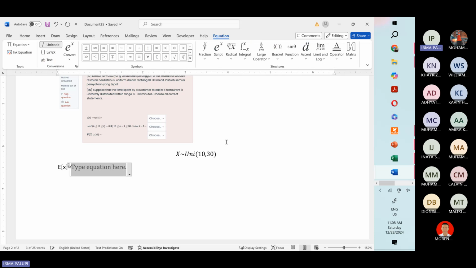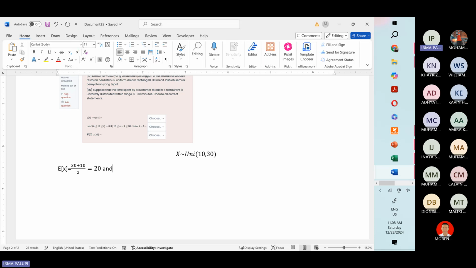Expectation of X equals the midpoint, right? It's equal to 30 plus 10 over 2, which is 20.